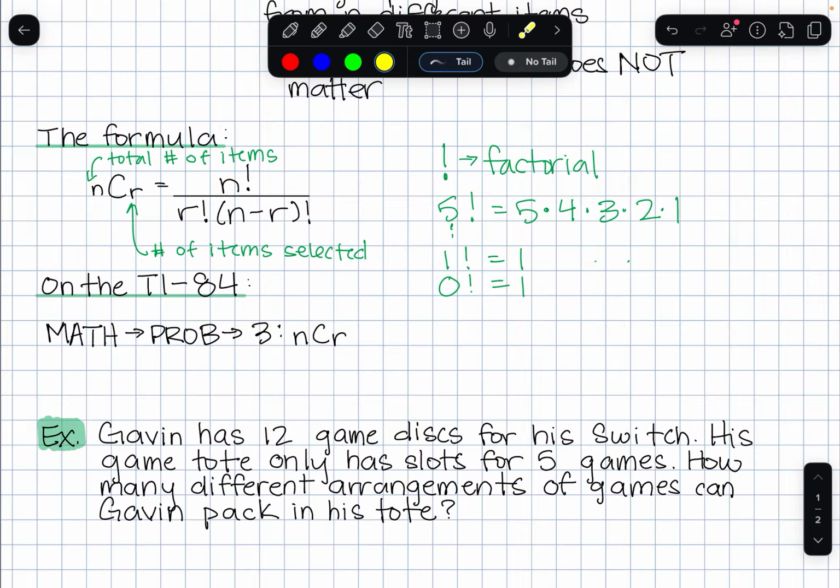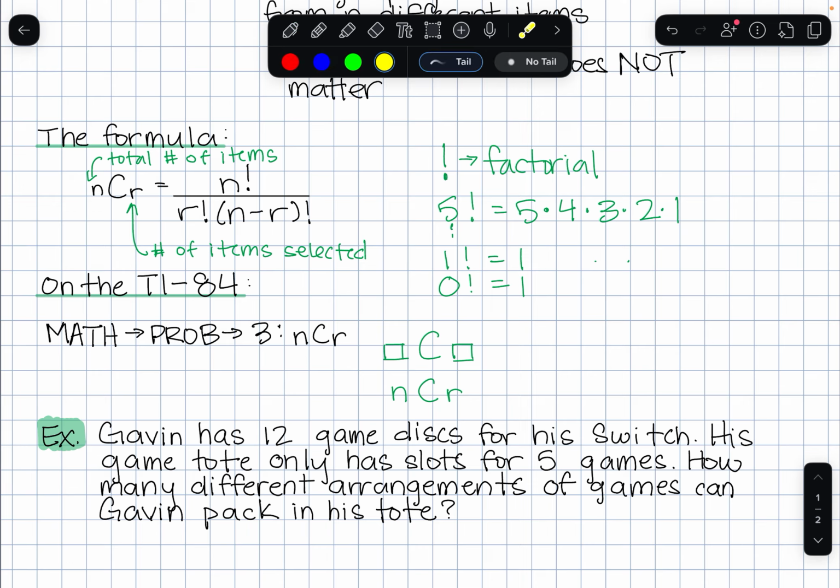Some models, when you type this in, you should see a cursor and then C and then a cursor. You'll type n, then move the arrow over to the second cursor and type r. Sometimes you'll see this on your home screen.